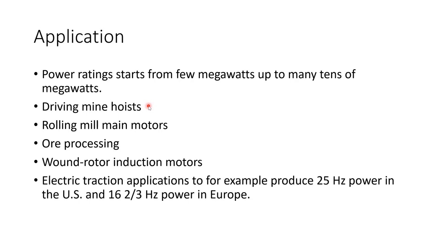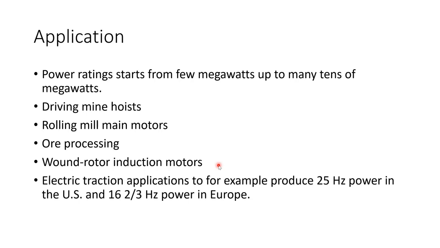Another important area of application of this frequency conversion is in electric traction. In electric trains in Europe, the frequency of this system is 16.33 Hertz. Sorry, 16.66 Hertz. It is exactly 1/3 of the power frequency in Europe, which is 50 Hertz. In the US, the electric traction frequency is 25 Hertz.